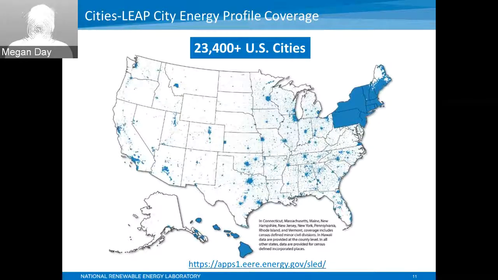So what you're seeing here on the map is the city limits of each of those cities. There's a lot of unincorporated areas across the US where it's not within a city. And then in the Northeast, you'll see a lot of coverage because we added in minor civil divisions, which is a census definition, which includes things like towns and townships in the Northeast there.